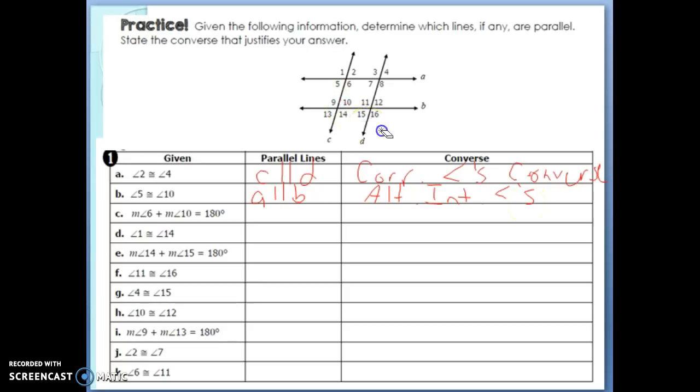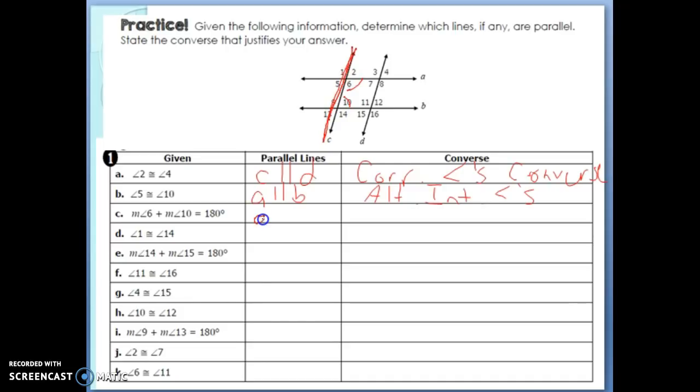Okay. Angle 6 plus angle 10 equals 180, which we can see they are in between the parallel lines. They are consecutive. They're on the same side of this transversal C. So that tells us they share the transversal.